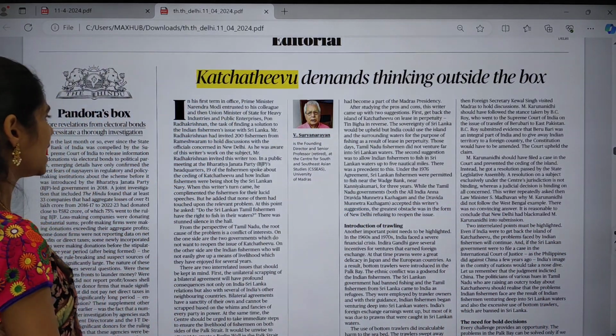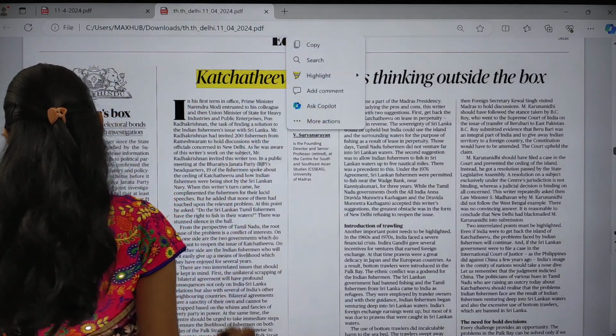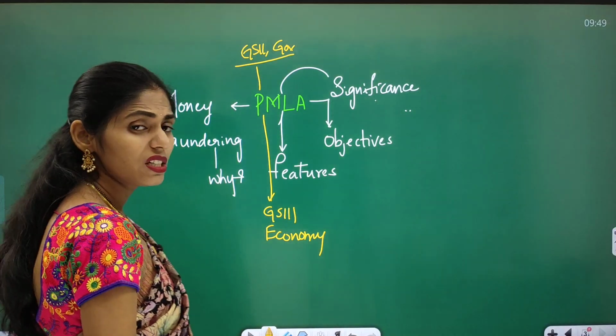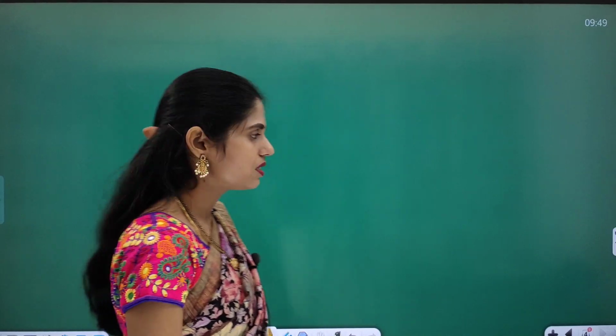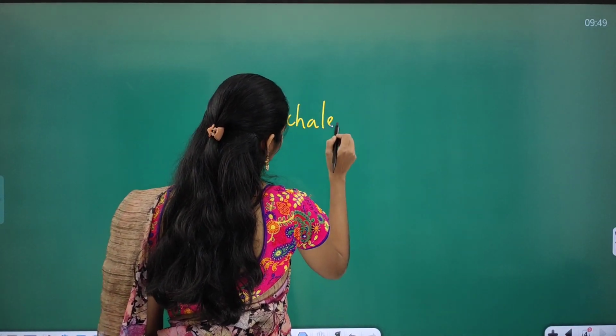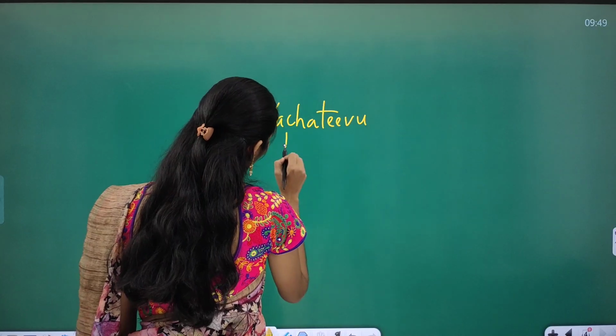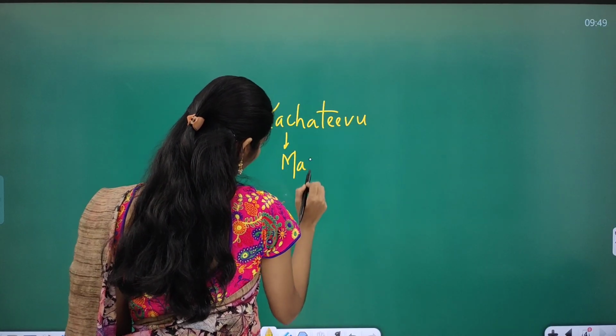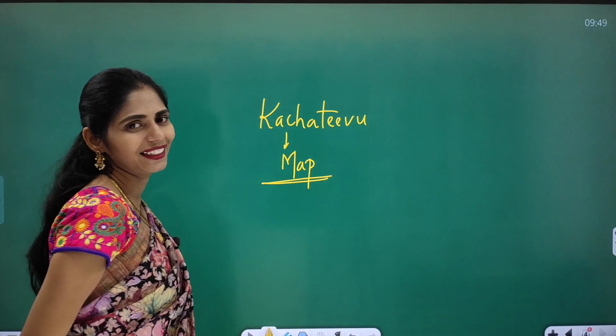So there is a high chance of getting a question regarding these Kachatheevu Islands. My sincere request to you students is just go through these Kachatheevu Islands. Especially you have to do some map based study of this. That's it. Nothing more, nothing less.